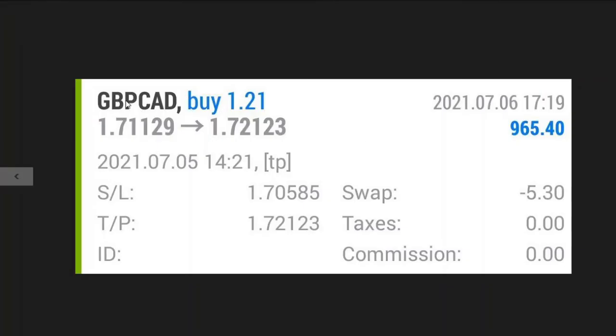As you can see, this is GBPCAD, so my lot size was that. Then my take profit was 72123, and it was at 965.40. So I was risking around $300 to make 3 times my risk, and you can see it hit that 3 times my risk.